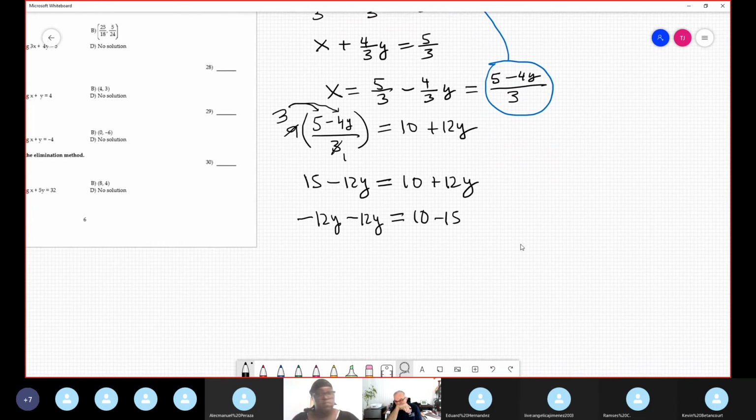I like to move the variable to the left, but you can move in any way. So this is negative 24y, and this is negative 5. Divide by negative 24 on both sides, and we have y equal 5 over 24.